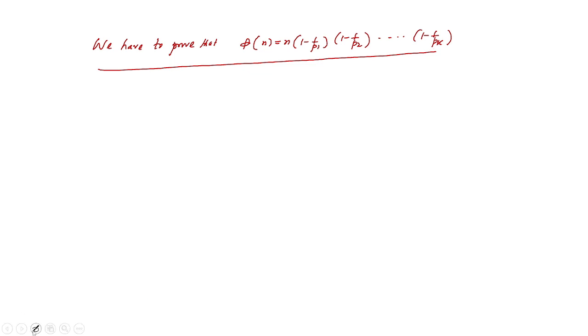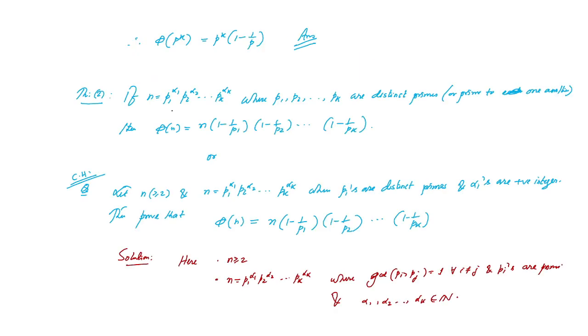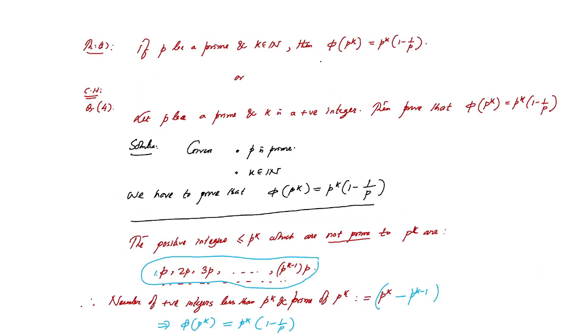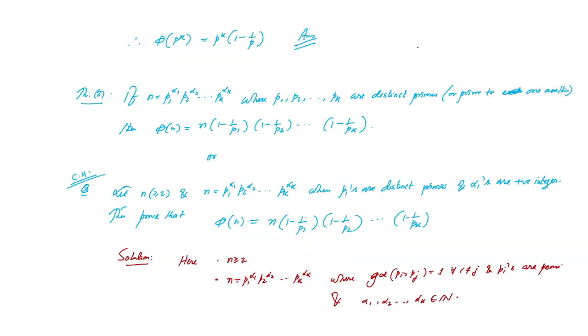So how to prove this kind of fact? By the previous theorem, if p is prime, then phi of p to the power k equals p to the power k into 1 minus 1 by p.